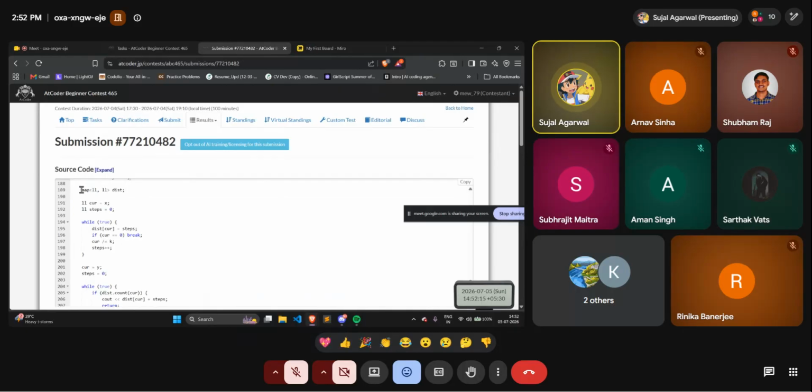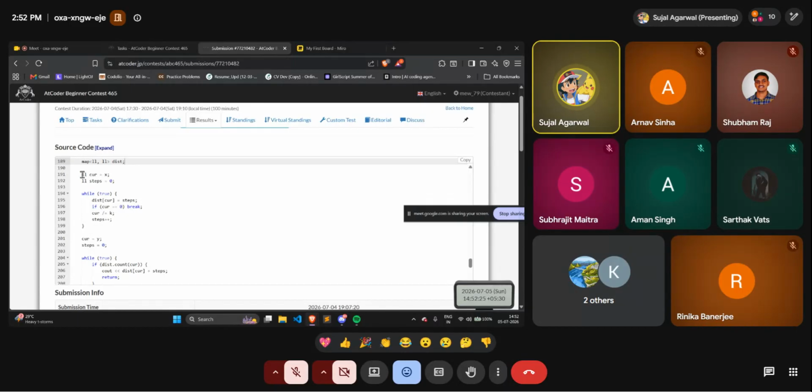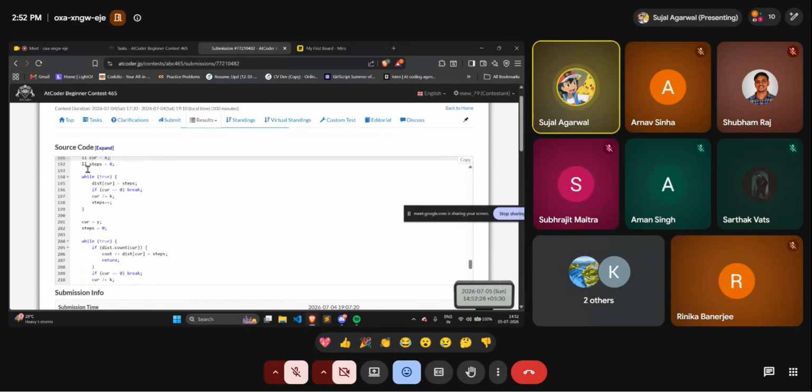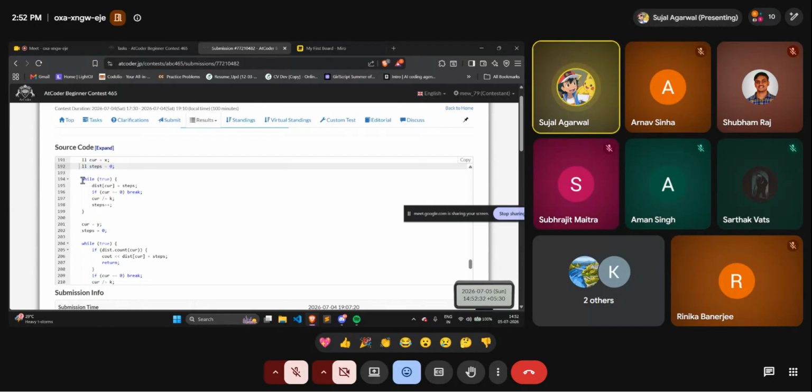We take up a map and store the distance. Basically, distance would mean over here the number of operations required for it to convert. So we are currently at x. We need to divide x, right? The steps for it is 0 to get x from x.